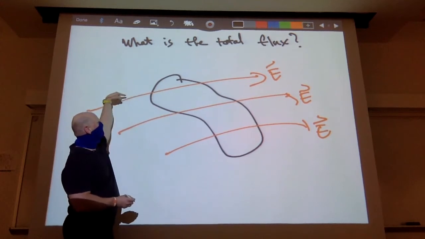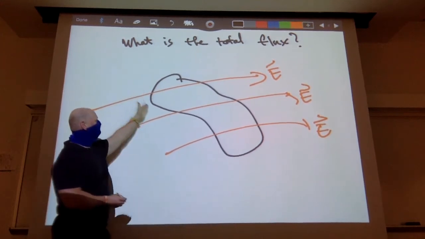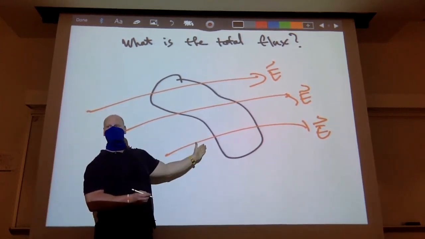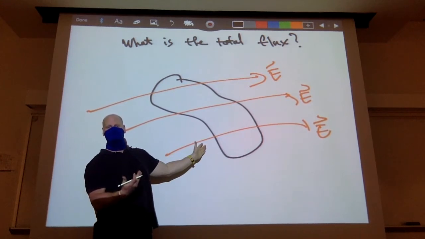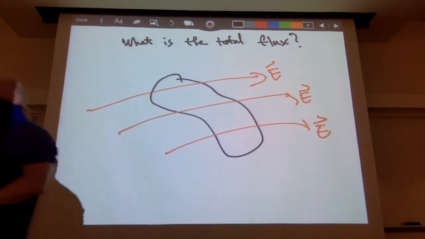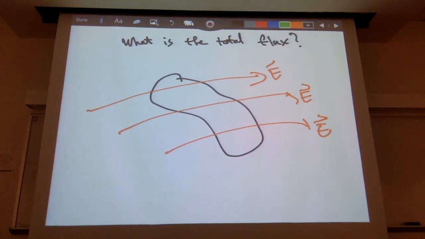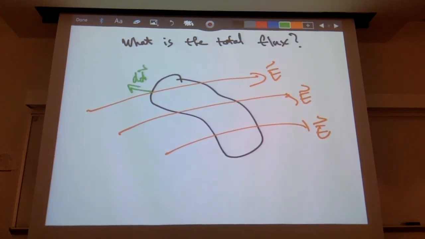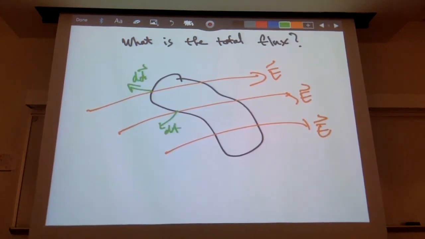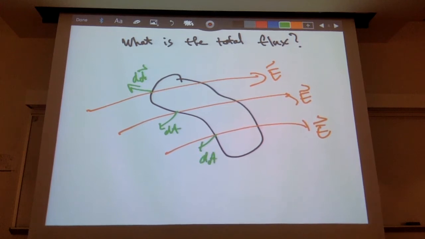They're pointing outward. My electric field is pointing inward, which means all of the flux lines on this side are going to account for negative flux. So anything on this side, since all my dAs are pointing outward, my flux on the left-hand side here is simply equal to some negative value. So this is going to be less than 0.